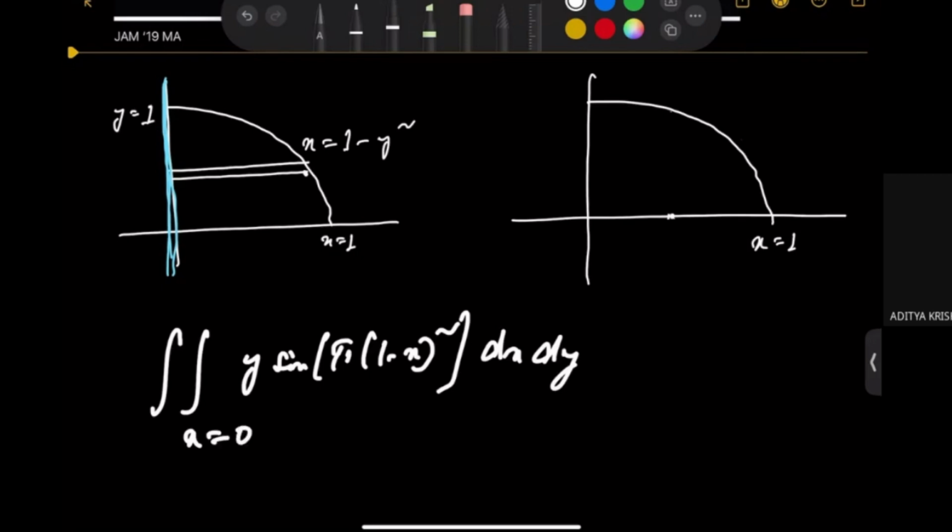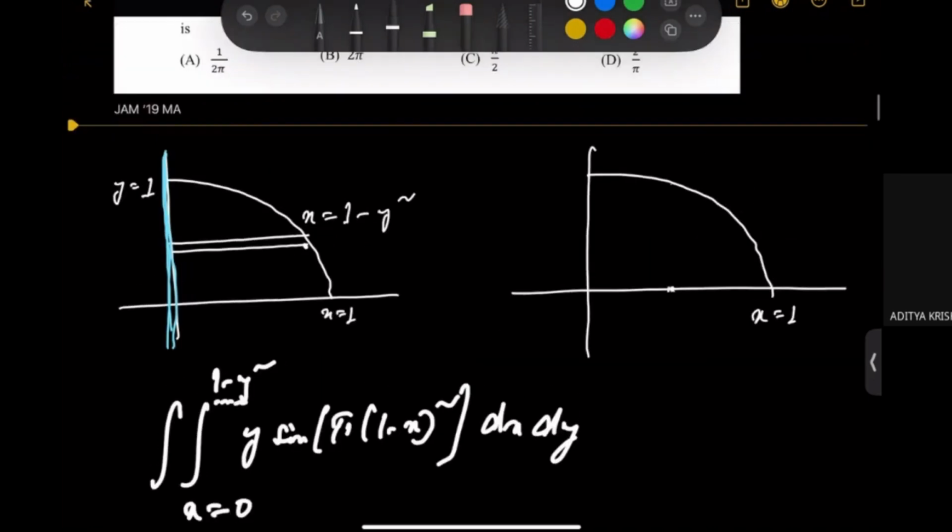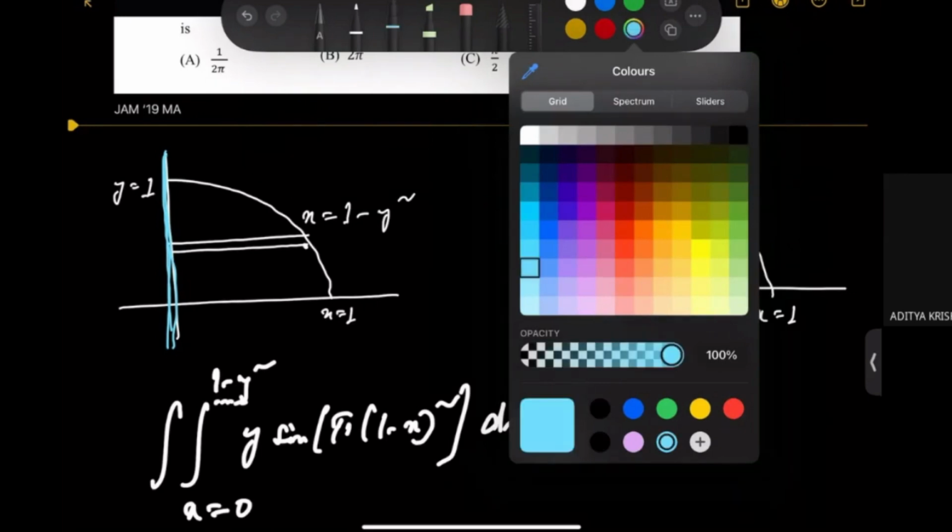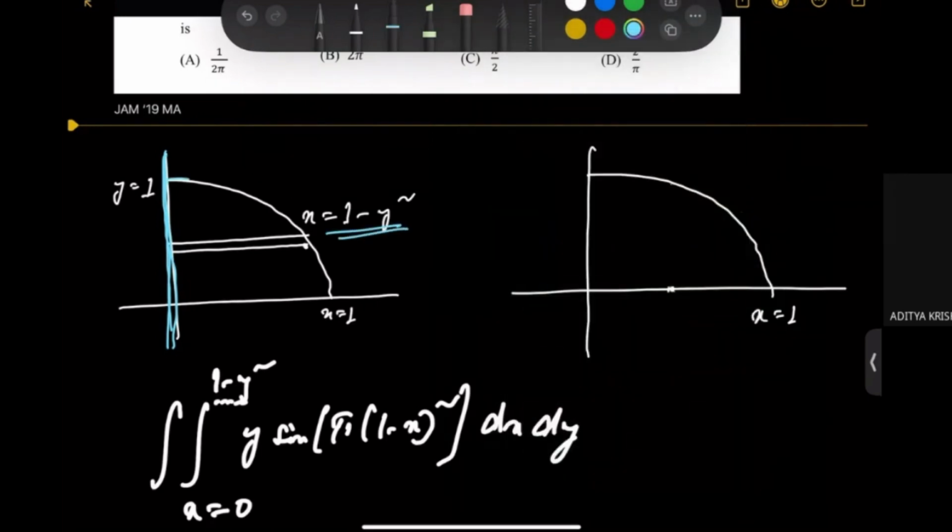X lies between 0 and 1 minus y squared. So this is the upper limit of the inner integral, x equal to 1 minus y squared. I have drawn this function here. So x lies between x equal to 0 and x equal to 1 minus y squared, like this.